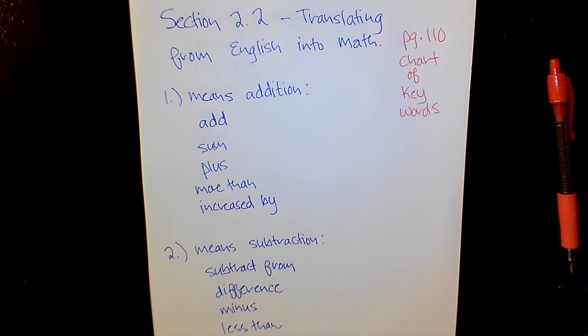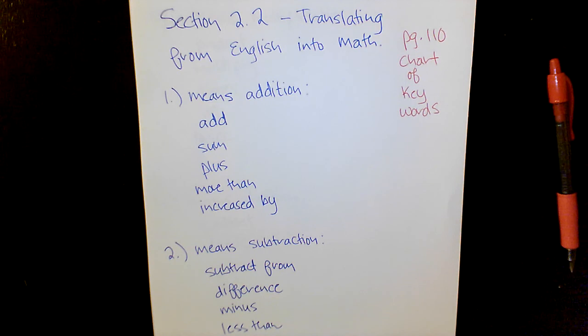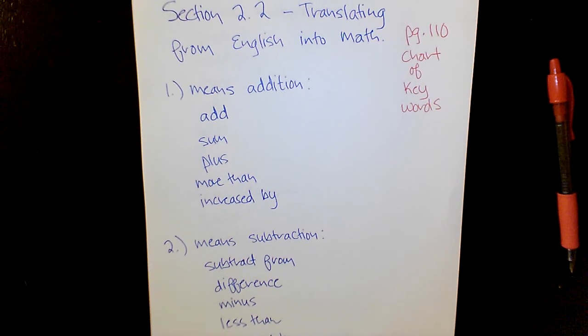You want to look at that chart, or I'll have the main words written in this video, to tell you what keywords to look for, so it'll be easier for you to translate something from English into math.